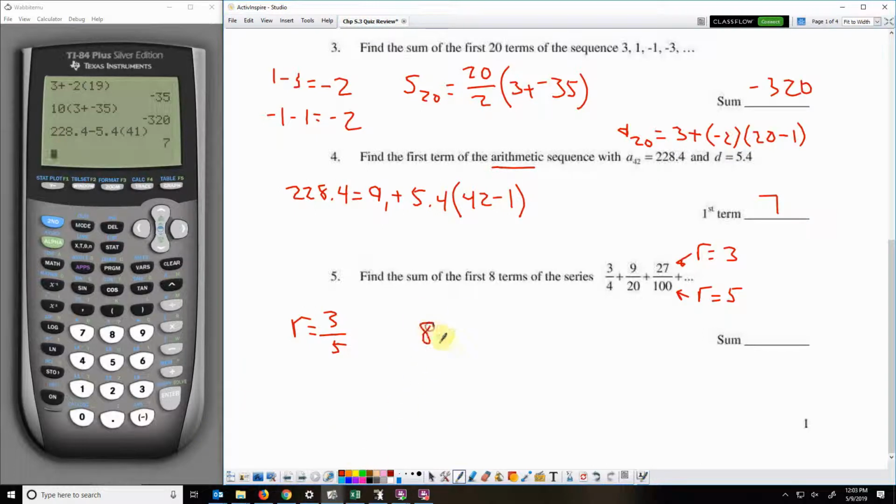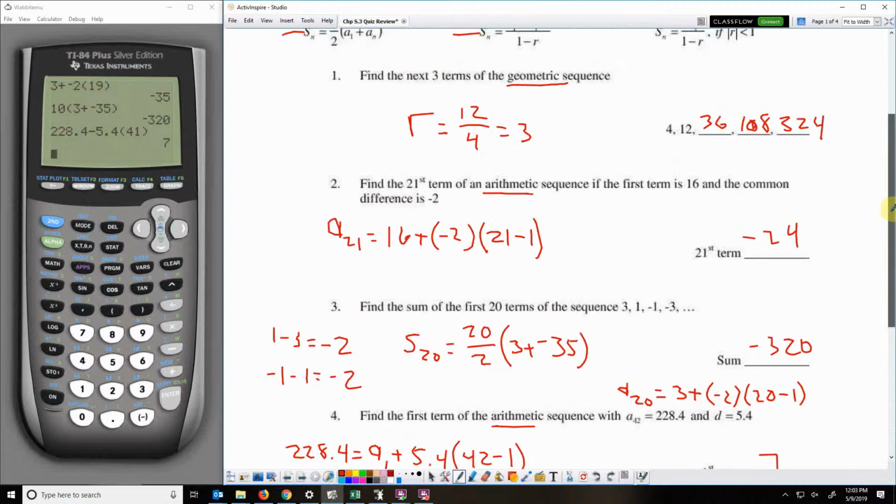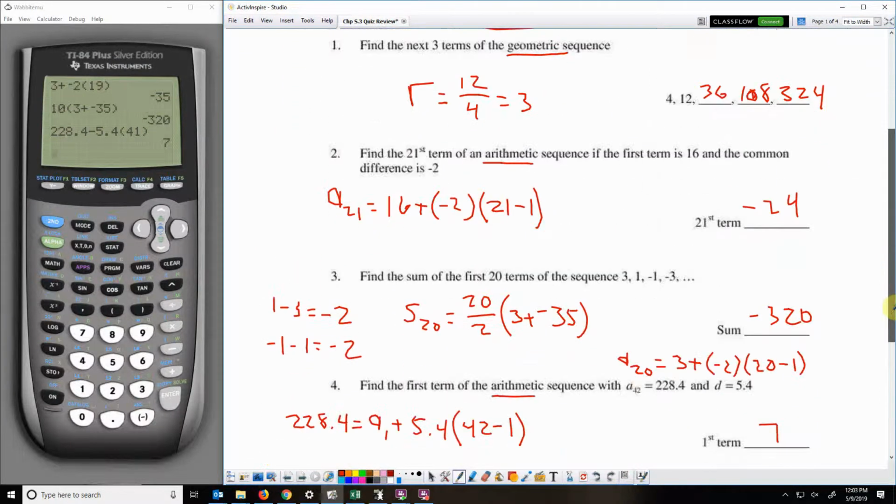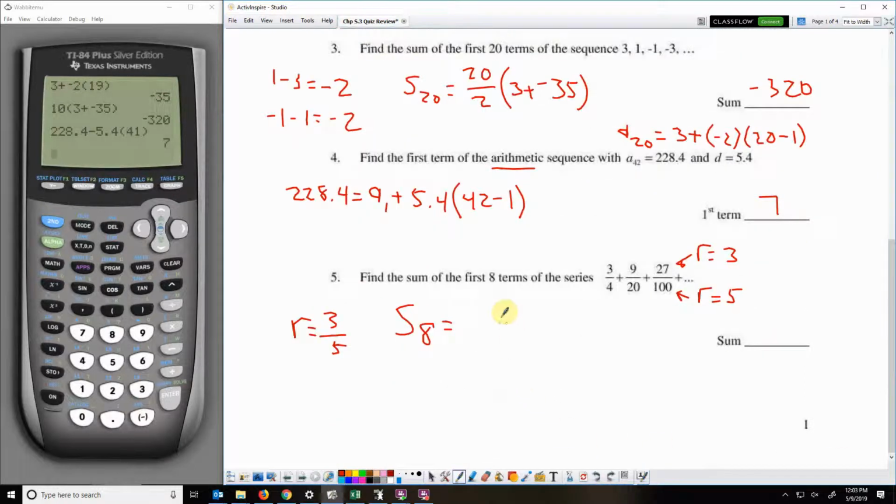I want the sum of the first 8 terms of this series. So that is a geometric sum, which means I'm using this formula right here. So it's first term minus first term times r to the nth power, divided by 1 minus r.